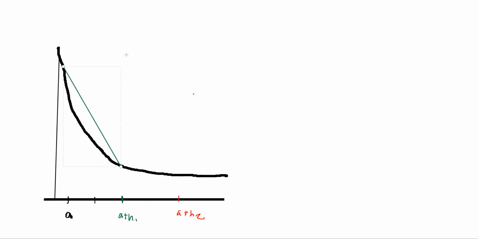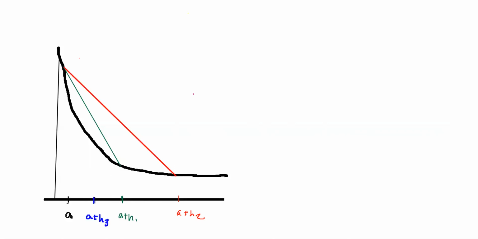And this line that I've drawn represents an average rate of change between these points, correct? Which is the better approximation of the graph? Which is a better description of what's happening to the graph?